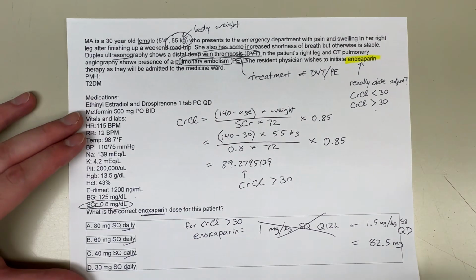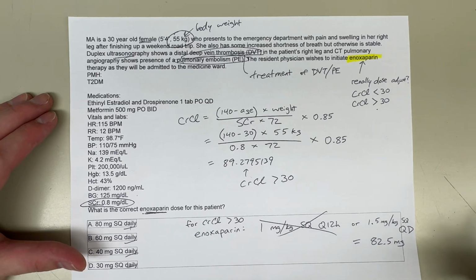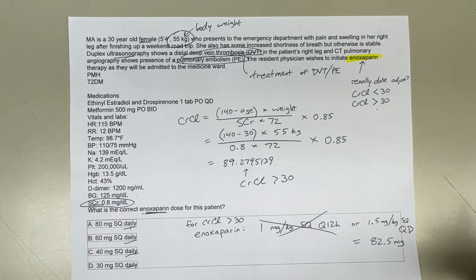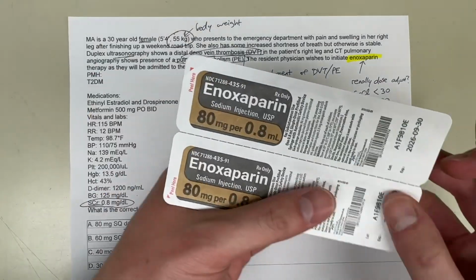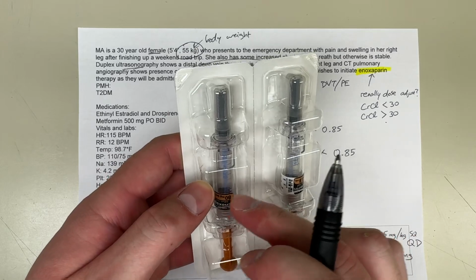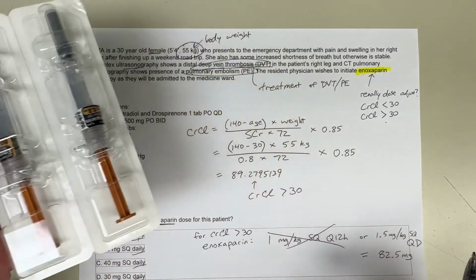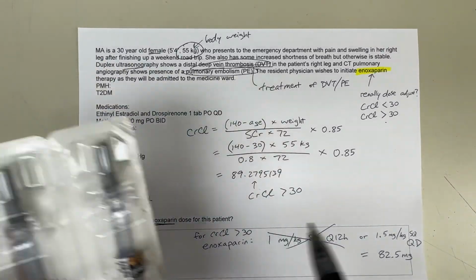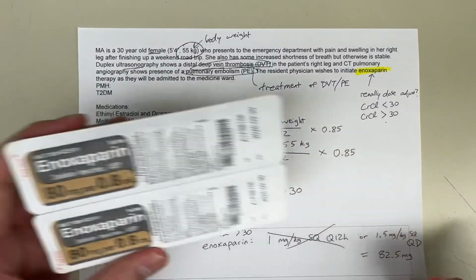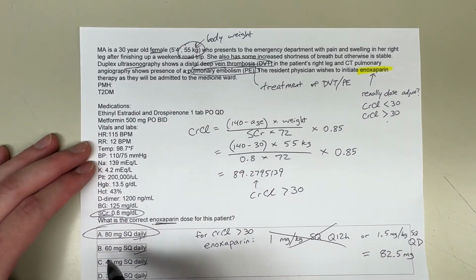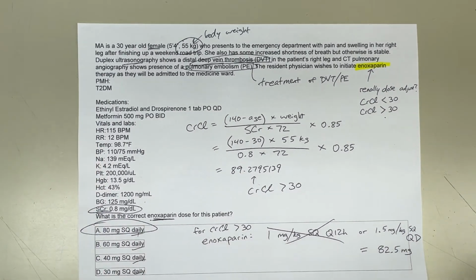So you just round, whether that be up or down, to whatever we have in stock. In this case, it's 80 milligrams of enoxaparin. The graduation lines are not small enough, so that's why you tend to round it. Otherwise, it's difficult for the nurse to administer exactly 80 milligrams of enoxaparin. So that's why the answer choice here is A, 80 milligrams sub-Q daily.